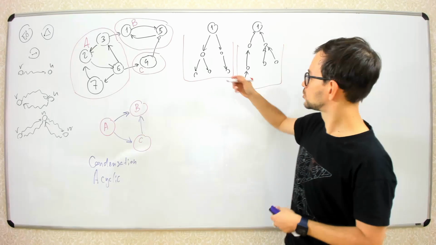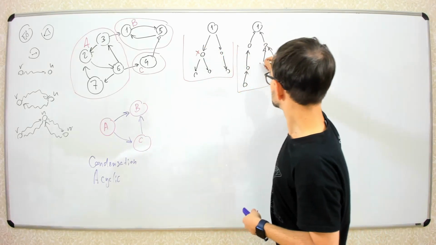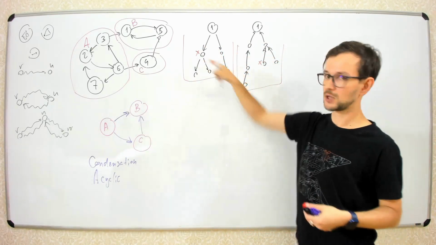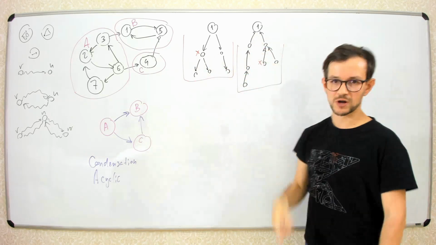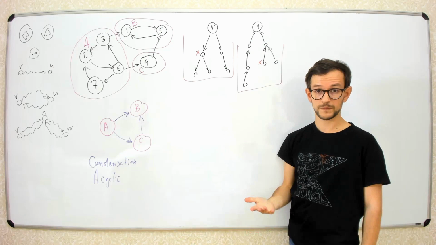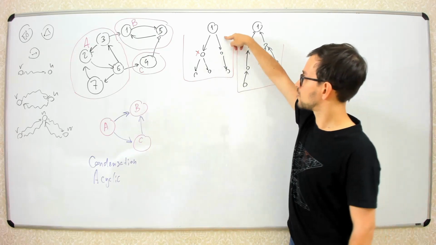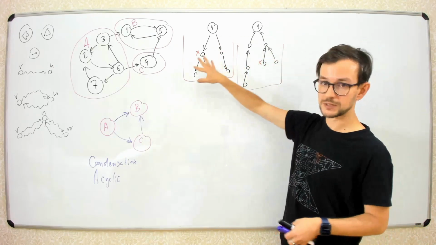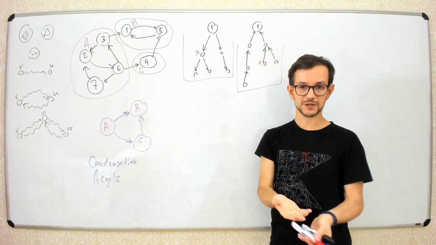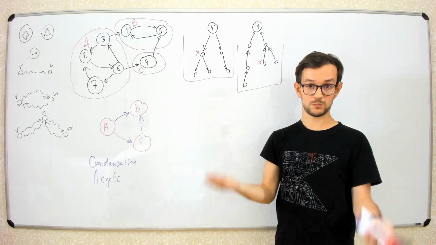So if some node x belongs to both these sets, it means that this node x should belong to the same strongly connected component as 1. So you just take node 1, run this DFS, take the intersection of these two sets, and this will be the strongly connected component of node 1.